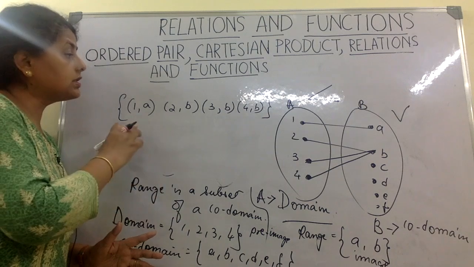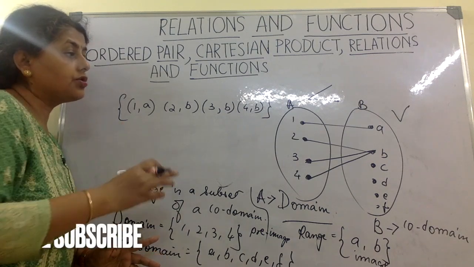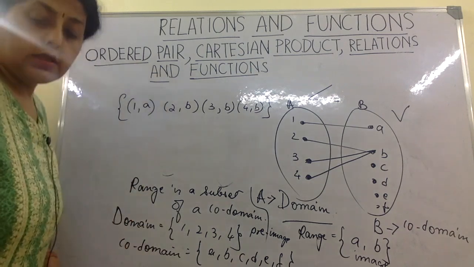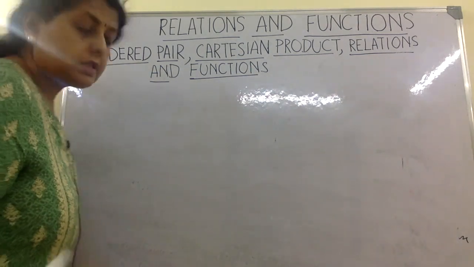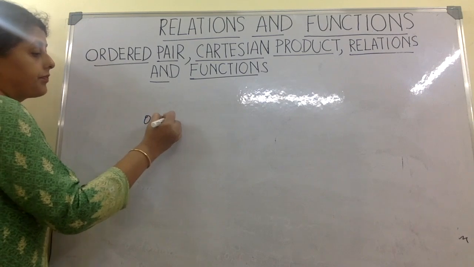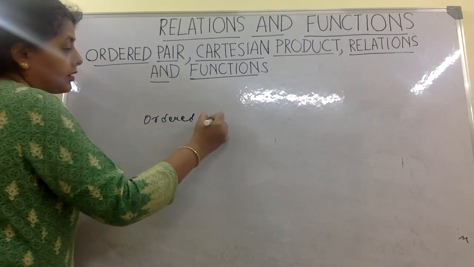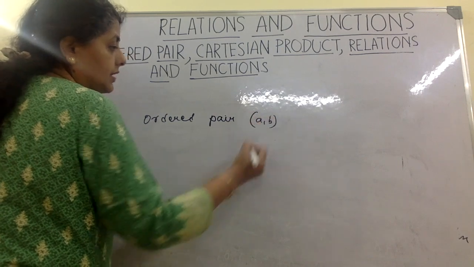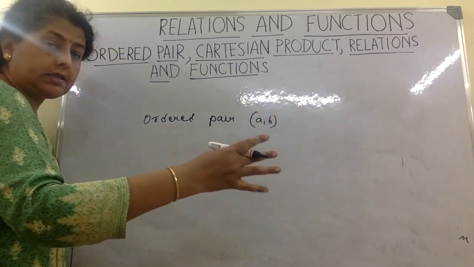So I hope you have understood. Let me quickly recap the full thing. First comes an ordered pair, which is like this, A comma B, and there can be many like this.